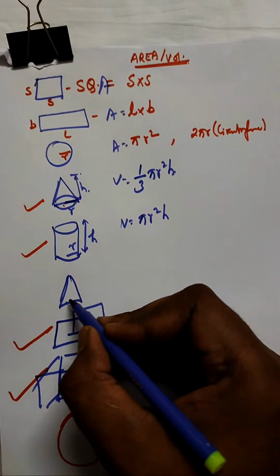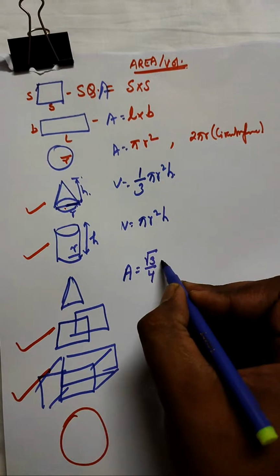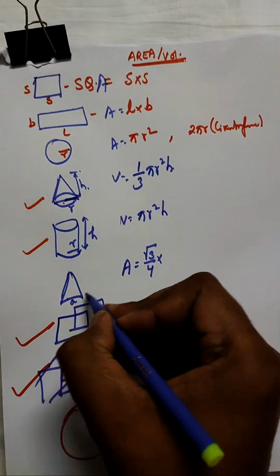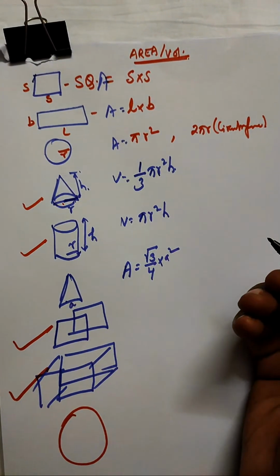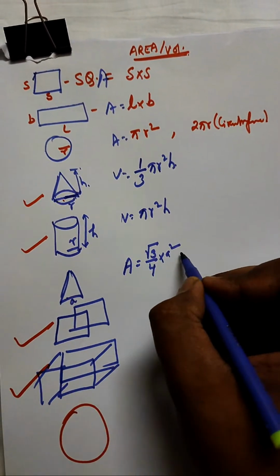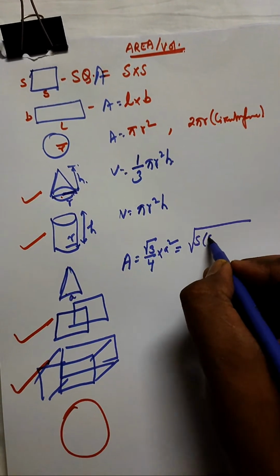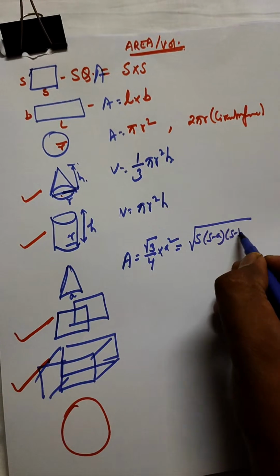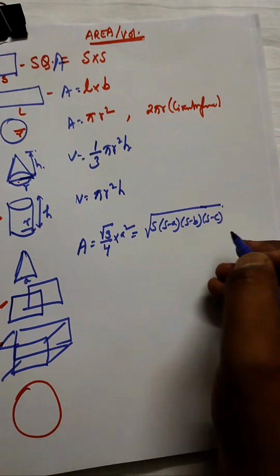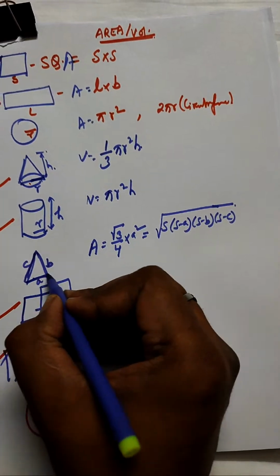What is the area of a triangle? Area of a triangle is equal to root 3 by 4 into side square if this is an equilateral triangle. The area of a triangle is also root under s into s minus a, s minus b, s minus c, if a, b, c are the lengths of the three different sides of a triangle.